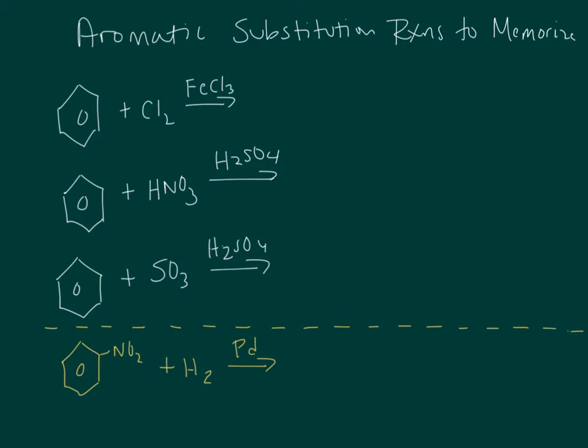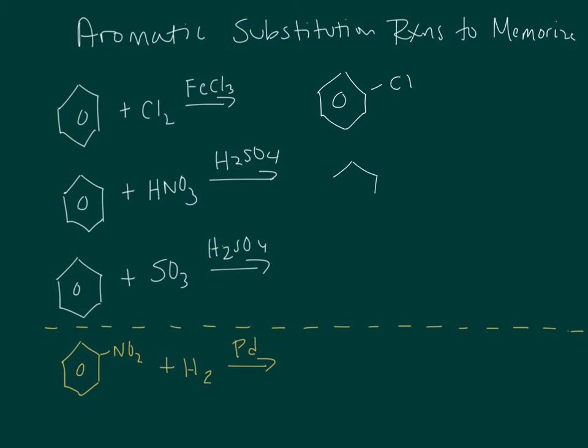Here's a summary of the 3 aromatic substitution reactions that you'll need to memorize. You're looking at a pattern here, but basically in all of these reactions you're taking a reagent with a catalyst and producing an electrophile or a positively charged entity which attaches to the benzene ring. So you'll need to memorize that the combination of chlorine and iron 3 chloride is a chlorination reaction, and it adds a Cl to the benzene ring.